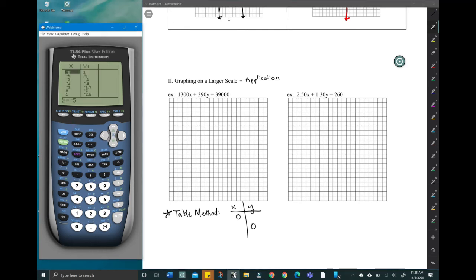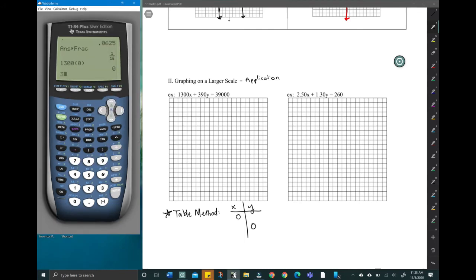So I know I'm going to put 0 in for x. So 1300 times 0 is going to cancel that out. And basically, I'm just doing 39,000 divided by 390.